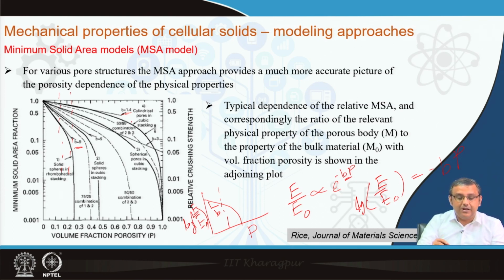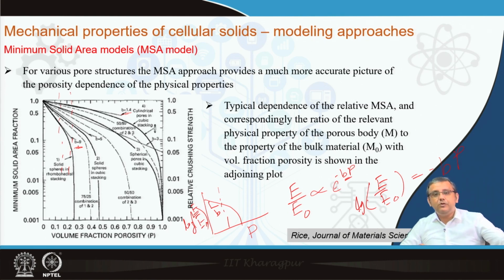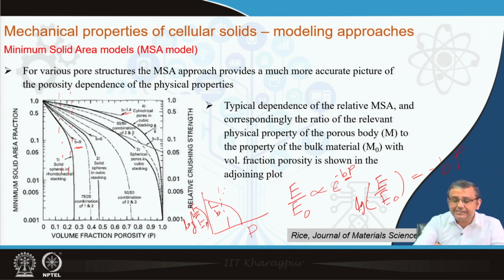Whereas if B is very high, say 9 in this case, the drop in the property with increasing porosity will be much more drastic. After this initial region, where you have a linear dependence on the semi-log plot, you have another region. This is region 1, this is region 2, and this is region 3.